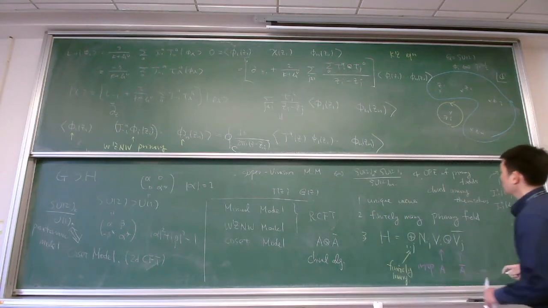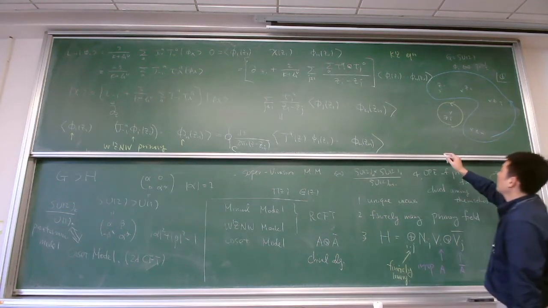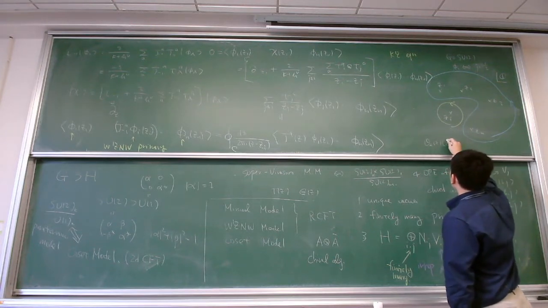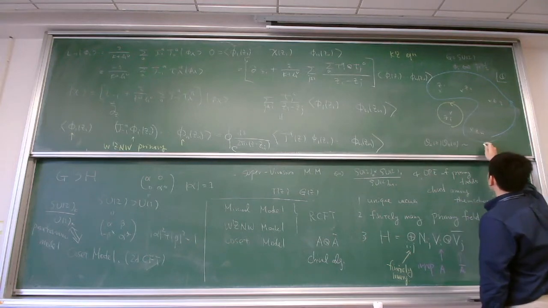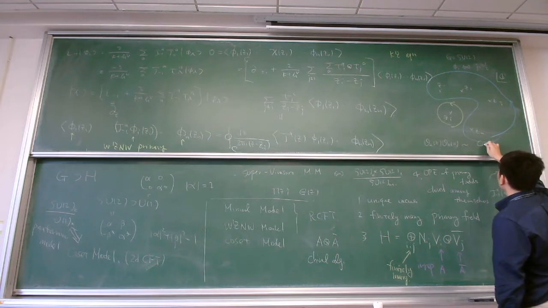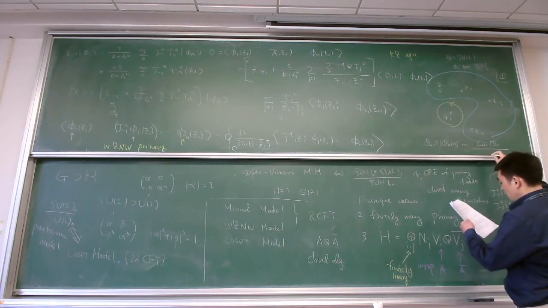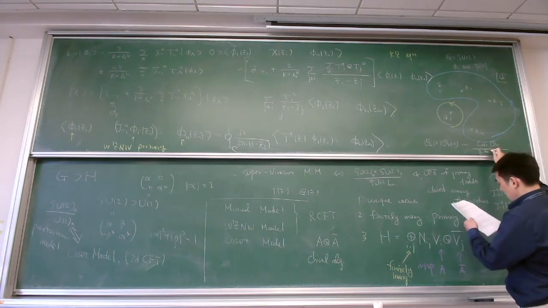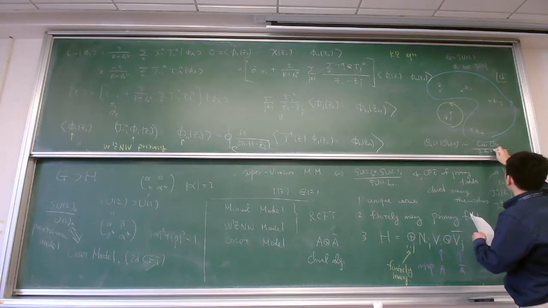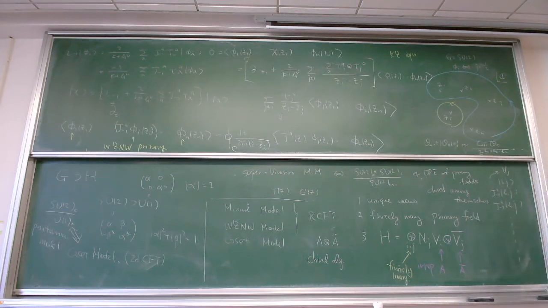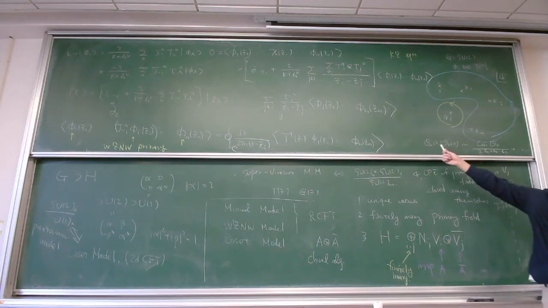Okay, the OPE. You have a primary field O_A(z) times O_B(0), and this can be written as a sum of O_C with some coefficient C_ABC times z to the power h_A plus h_B minus h_C, and so on. So O_A and O_B are primary fields in the theory, and O_C is a primary field in the theory.